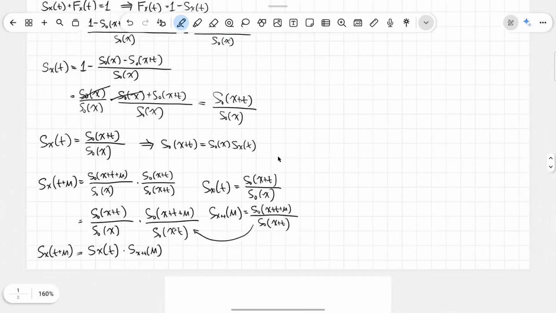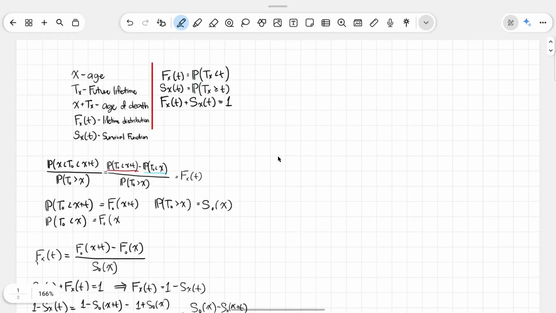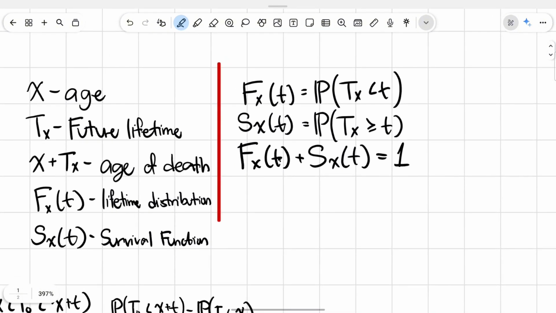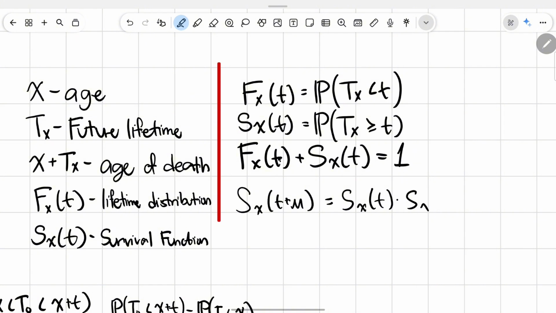Okay, so let's first wrap up what we've learned. We've learned these notations, and then we've learned the important property Sx of t plus u is equal to Sx of t times S x plus t of u.